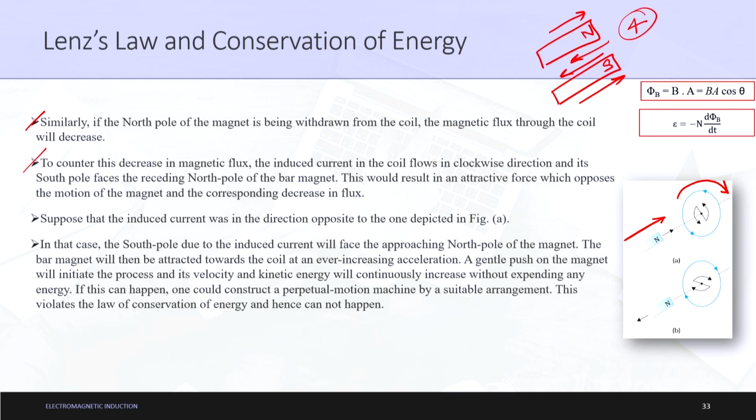If it is attracting it more, a gentle push of the magnet will increase its speed very rapidly, and that will lead to an evolution of more energy. But from where does this energy come? It is not possible in any scenario.